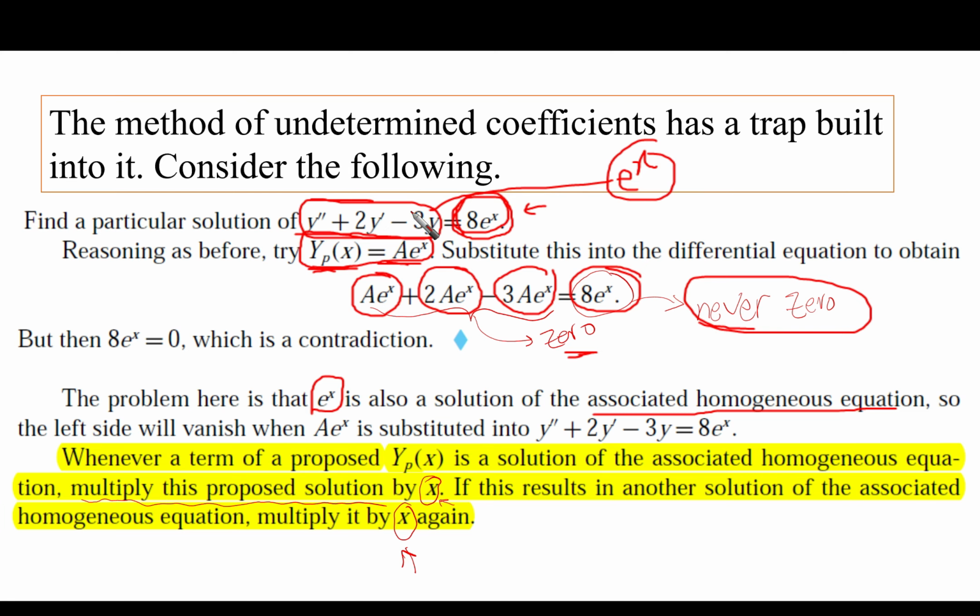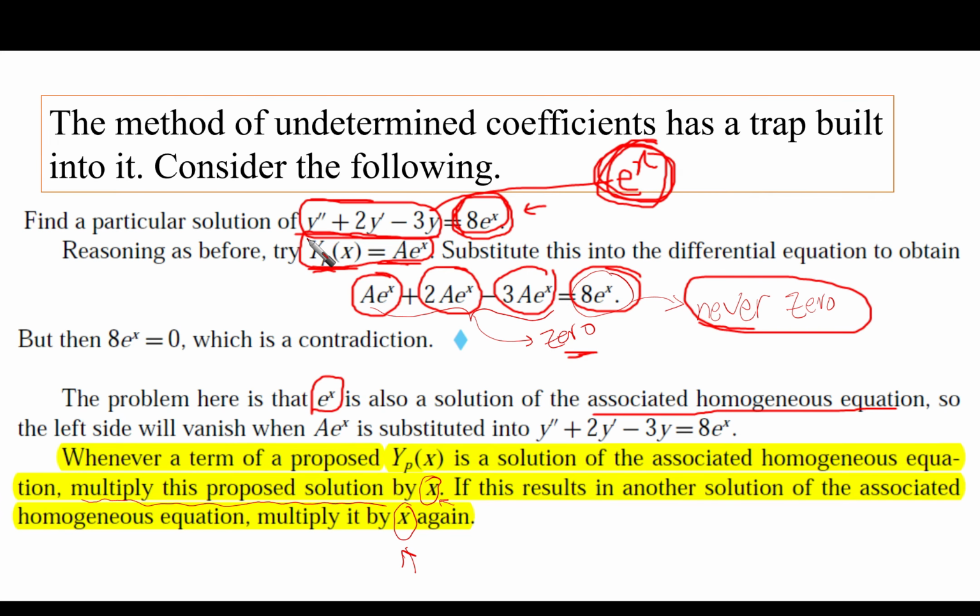What is the meaning of e to the x being a solution? This means that the left-hand side is going to be 0 if we use a solution containing e to the x, and this is what we have done here.